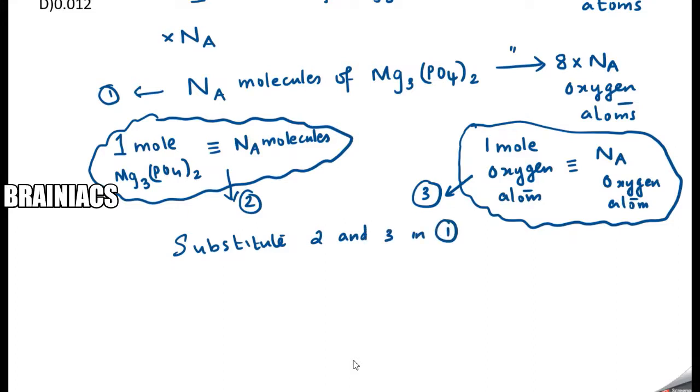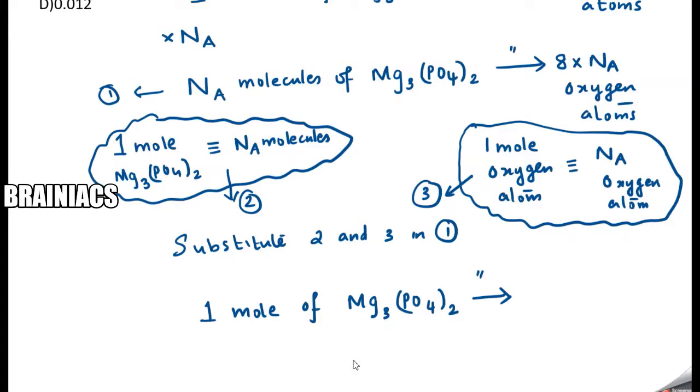How will we do that? Now tell me, Na molecules is equal to what? 1 mole of Mg3(PO4)2, correct? So 1 mole of Mg3(PO4)2 contains 8 into Na oxygen atoms.